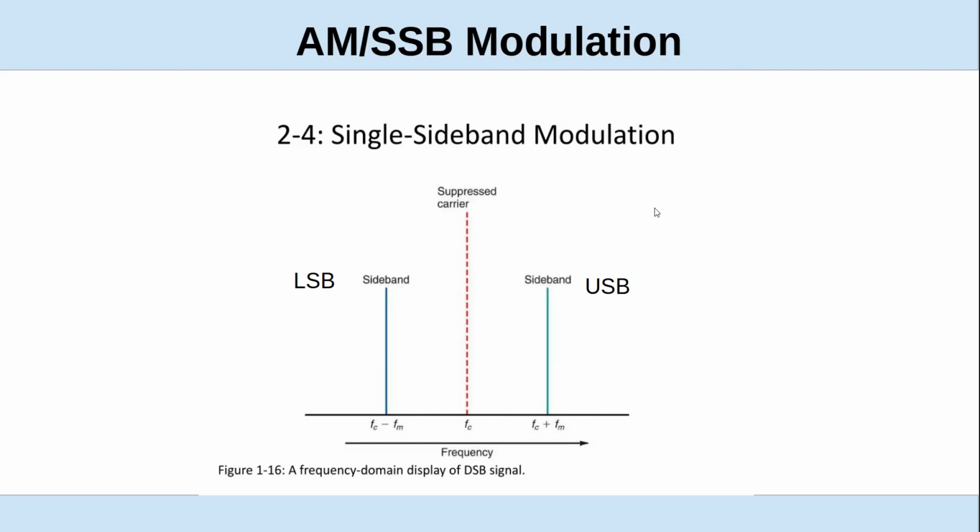So if we're sending upper sideband on single sideband, then we'd filter out the lower sideband. And we do that with either low pass or high pass filters or a band pass filter, and some other techniques to kind of separate them so that you can actually filter it. But for straight AM, you're going to get both sidebands plus the carrier.